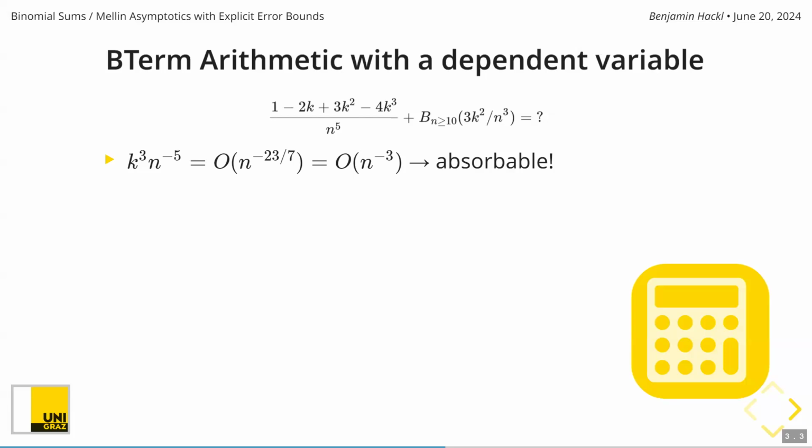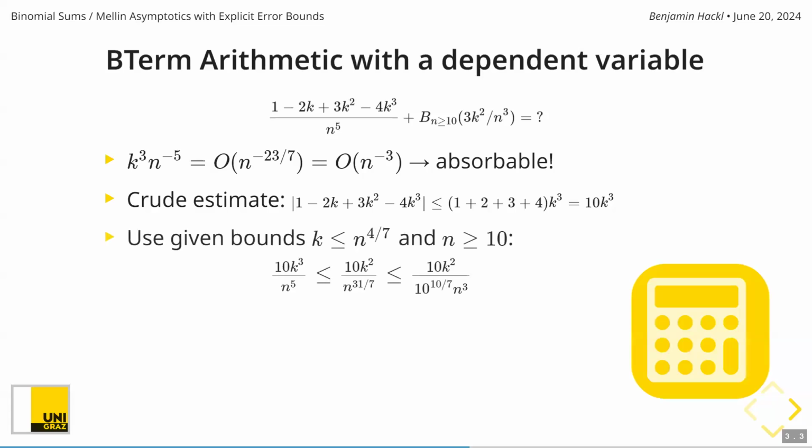The question is just, how do we do that exactly? The answer is, well, first step, we get rid of the weird sum in the numerator up here. So we have this crude bound over there. And then we use the given bounds, namely we know that k is less than or equal to n to the 4/7, and we know that n is greater or equal to 10, to do this magic here, to arrive from this expression over here, that was an upper bound for this here, at this expression, which is compatible for addition with this guy here.